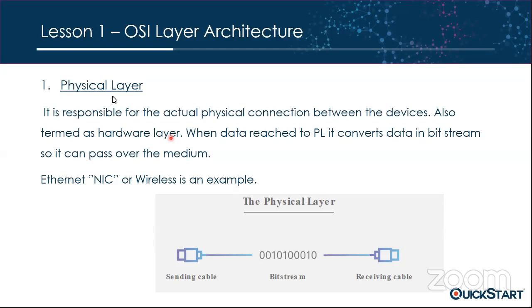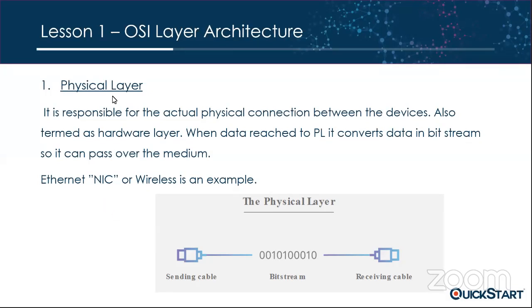It would be fiber connection, or whatever the data medium is using. Ethernet or wireless card is an example for the physical layer, because this is, I would say, the gateway for the communication to pass the information, right?